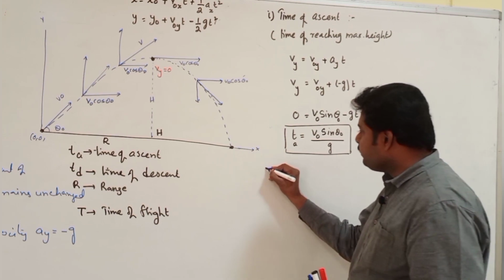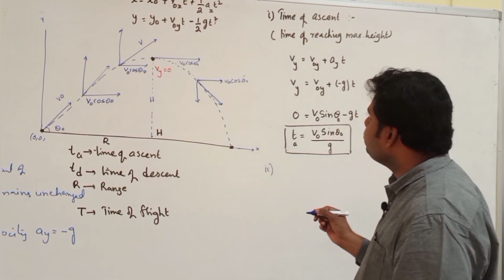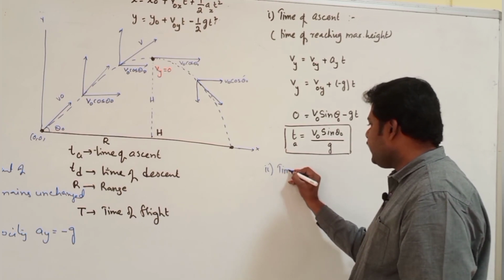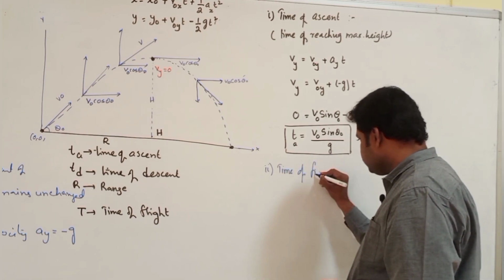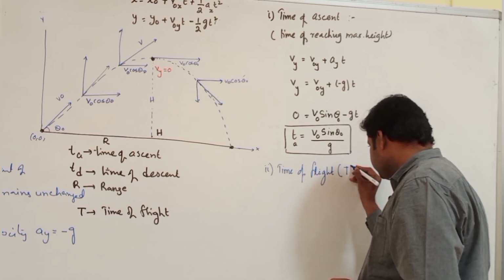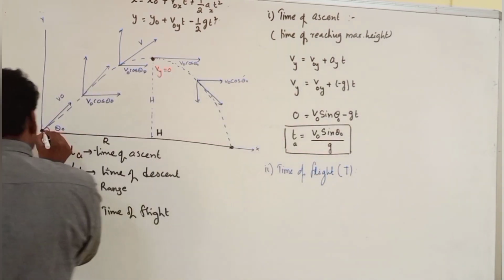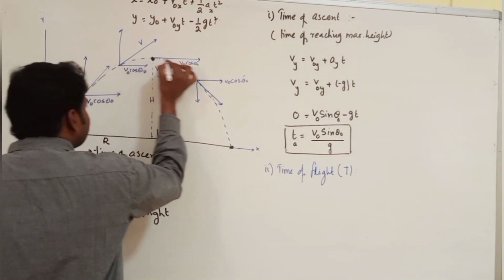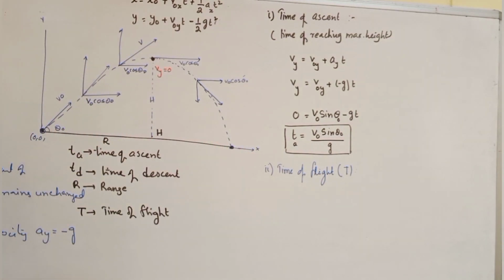Next, time of flight. How much time is it present in the air throughout the motion? Time of flight. We can represent it as capital T. So what is the meaning of it? It has to start from here and reach this one. Then what is happening? What is the displacement? The vertical displacement is again 0.